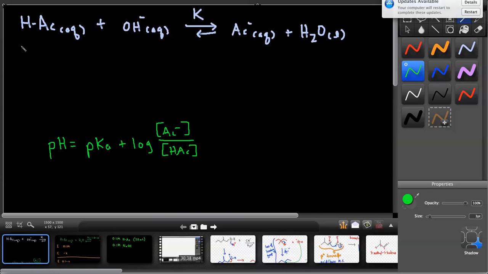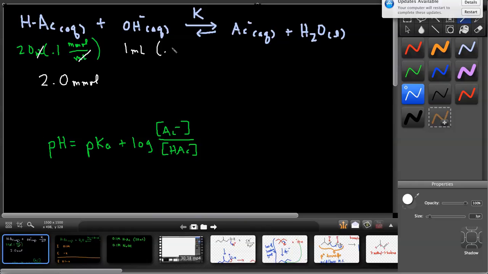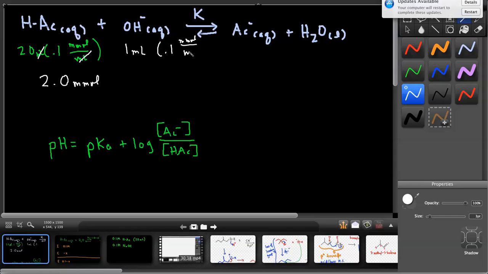We have 20 milliliters of 0.1 millimole per milliliter, meaning we have 2.0 millimoles of acid. We are going to add 1 milliliter of 0.1 millimole per milliliter.